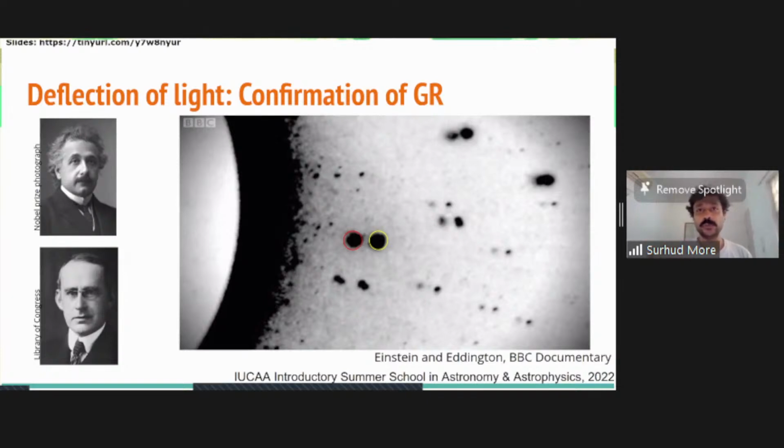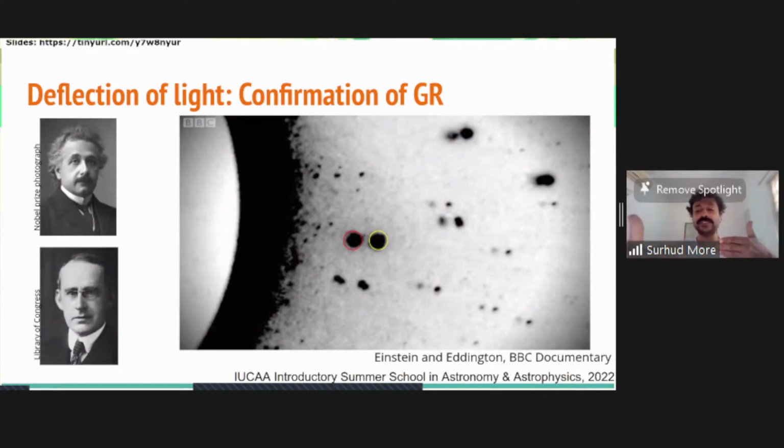Okay? So they took an image of the stars during the eclipse so that all the sunlight was gone, and so they could take the image of these stars. And then after the eclipse was gone, after 6 months, the sun is nowhere close, and so they could take another image at that particular point of time.